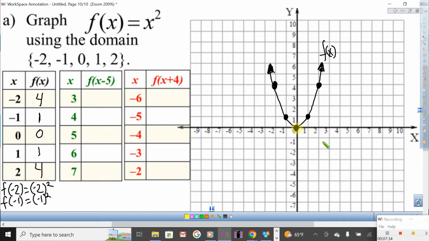So keep that in mind because we're going to be talking more about this as we move along, okay? So we're going to take this original function and now we're going to do a transformation. This is a little bit different from what we did last time. I want you to notice the difference. Look up to the screen, put your utensils down. Check this out. This one has f of x minus 5 in parentheses. Look how different it is from last week.